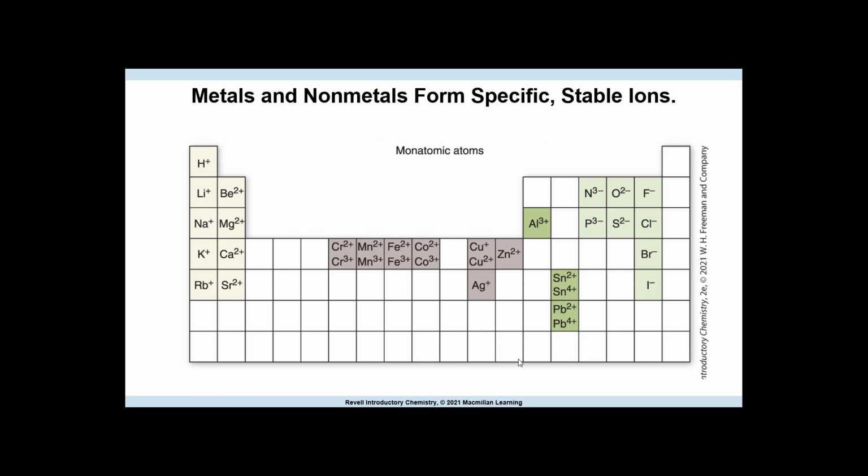Okay, so how can we predict compounds that will form in metal-nonmetal reactions? So remember from chapter 5 that metals and nonmetals form specific stable ions. That's because of the attraction to the opposite charges. By knowing the charges of the common ions, we can often predict the ionic compounds that result from these reactions. So when we know what the charge is on some of these, we know that these are always going to lose 1 electron.